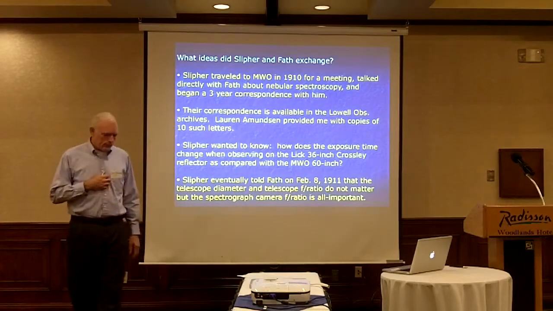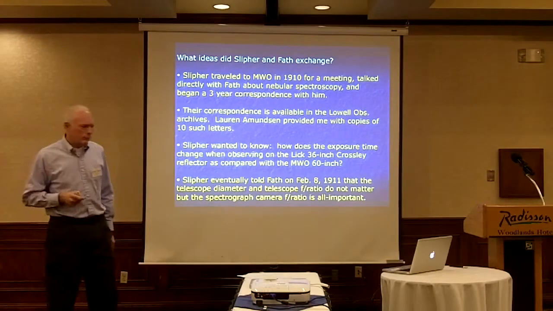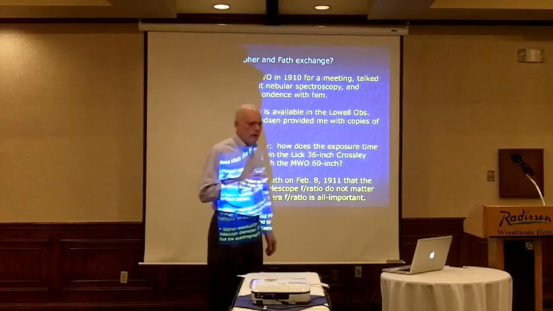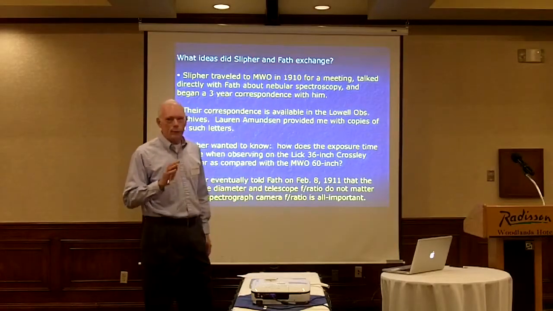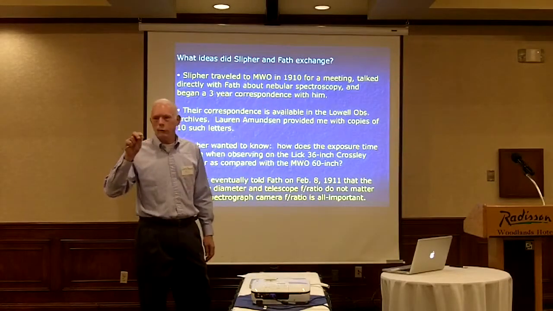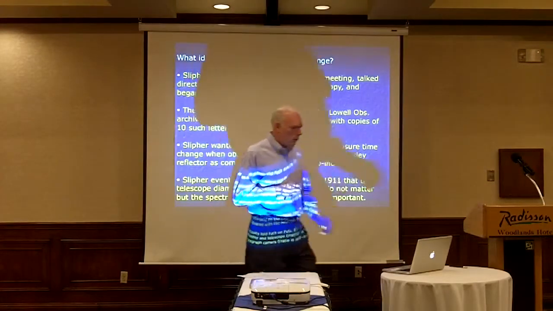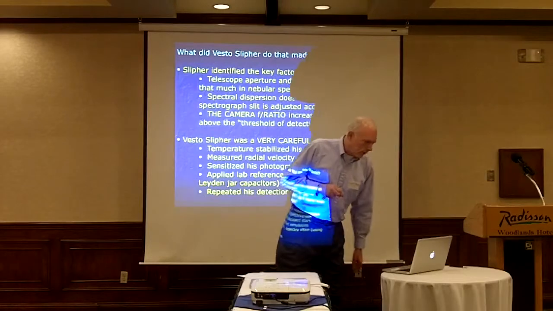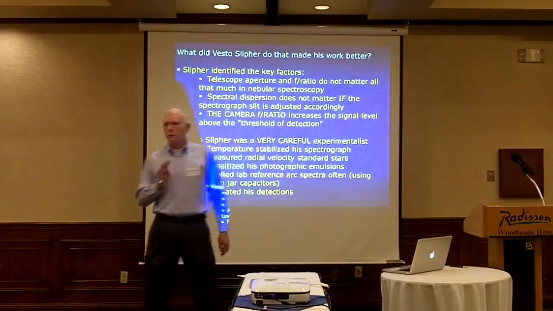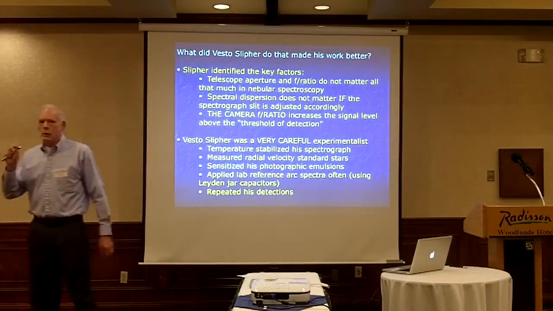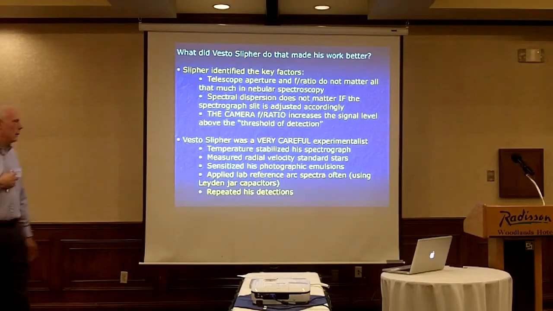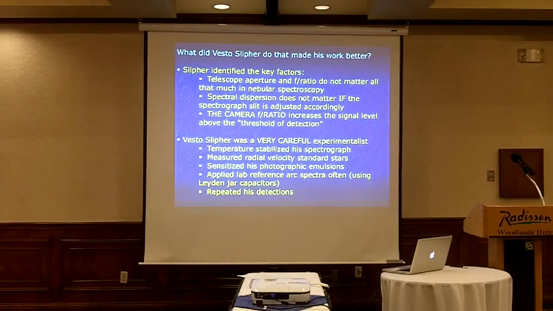It's just the focal ratio of the spectrograph camera that increases what is called the speed of the spectrograph. That is the energy concentration at the detector when you do the exposure. And because these were photographic exposures, that was the key parameter to getting a good plate of these spectra.